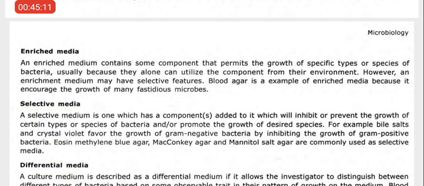Blood agar is an example of enriched media because it encourages the growth of many fastidious microbes.